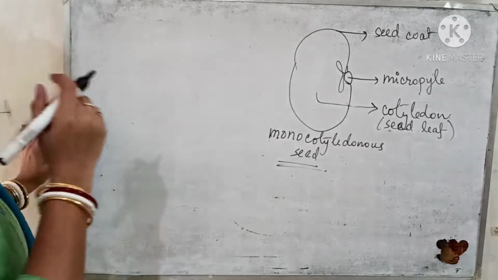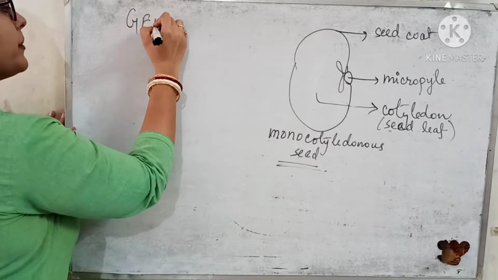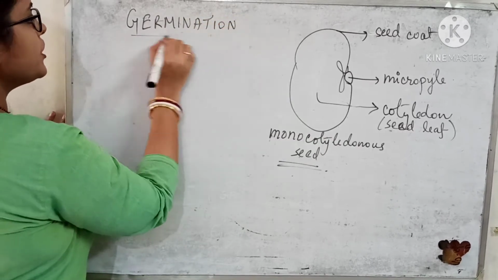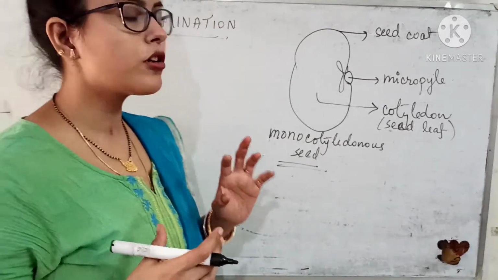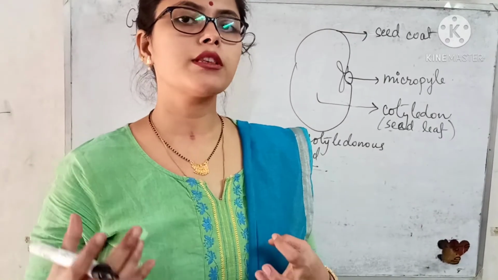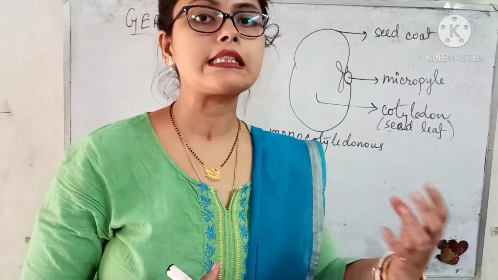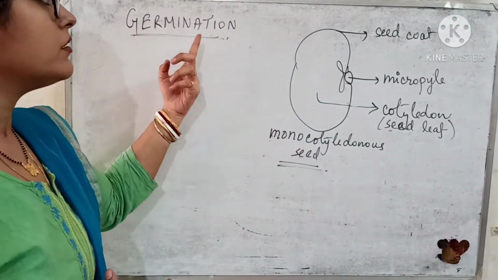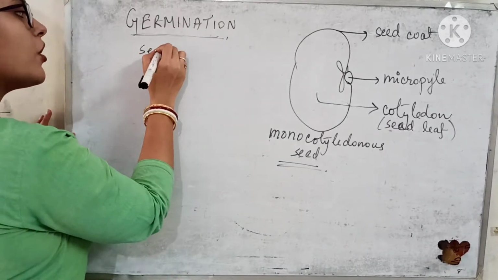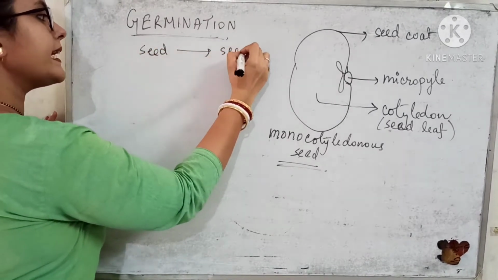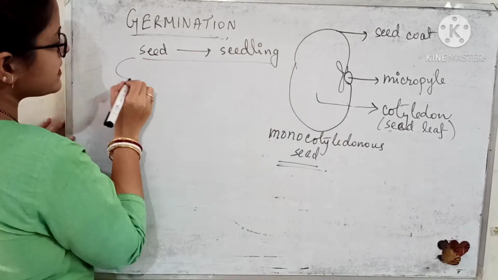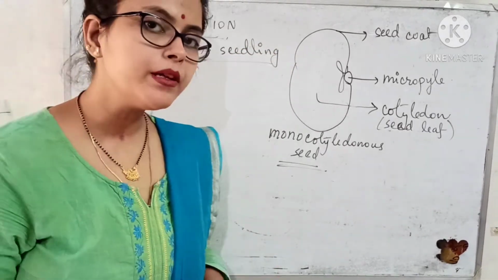Now, what happens in the germination of seeds? Germination is the process of the development of the seed to a seedling, when the seeds get favorable conditions.